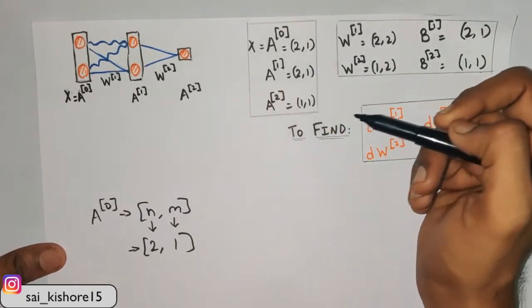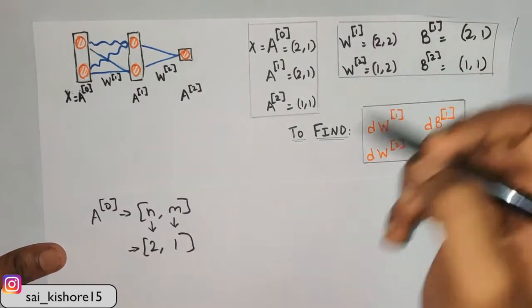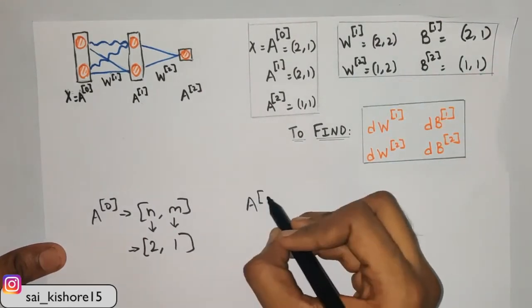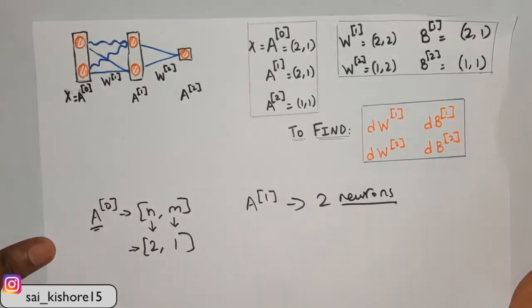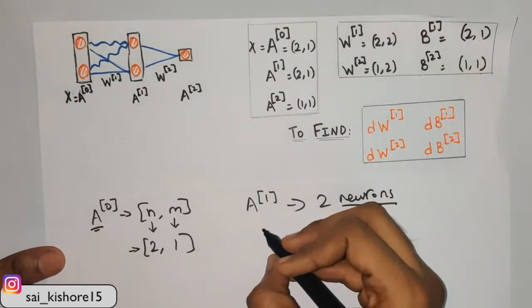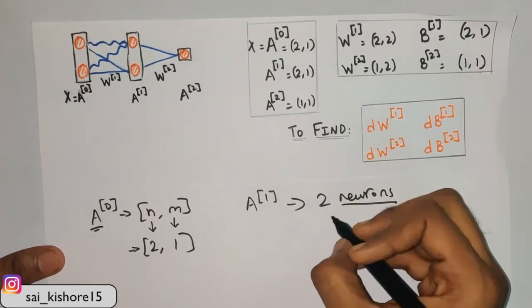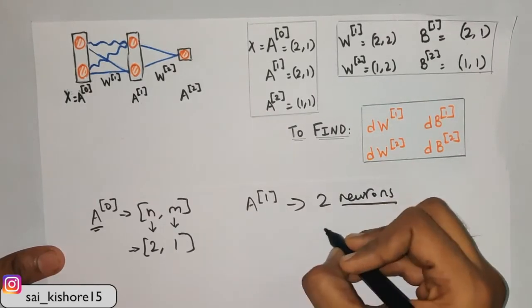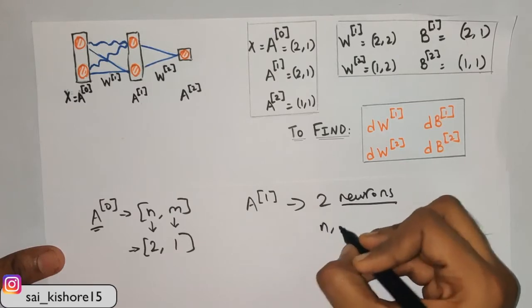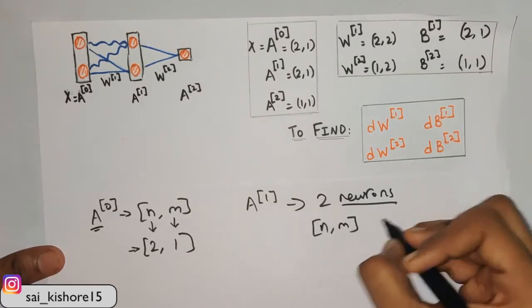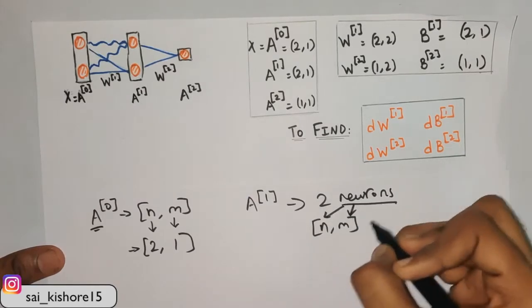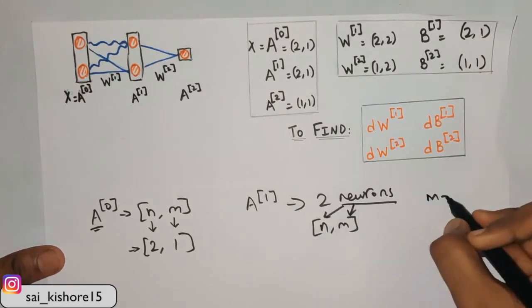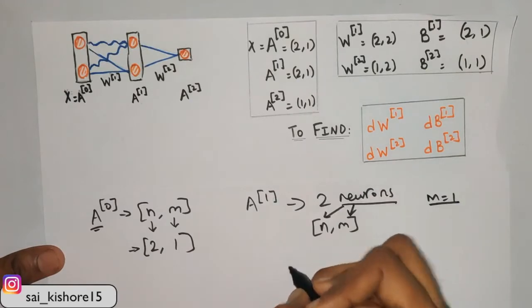Alright, so the next layer we want A1 to have 2 neurons. So again, the shapes of all the activation layers should be in the same format. So we want A1 to be in the format of n, m. So n is the number of neurons and m is the total number of examples, which is 1 in our case for the purpose of this video.